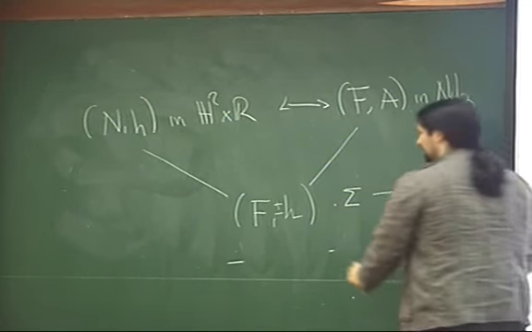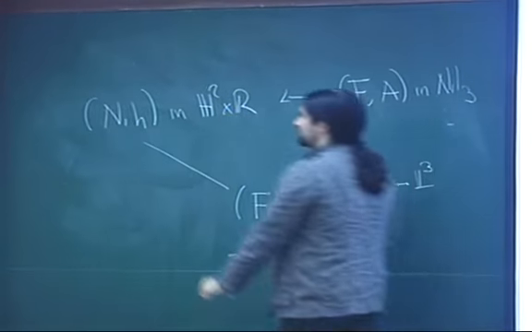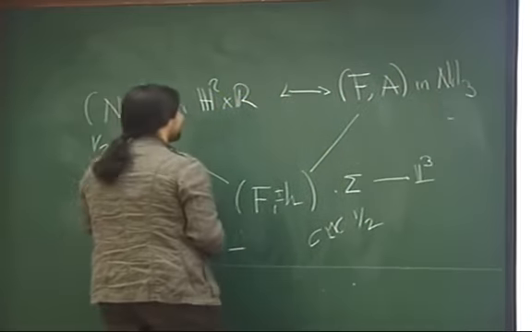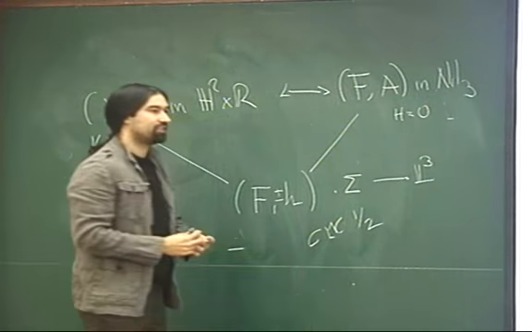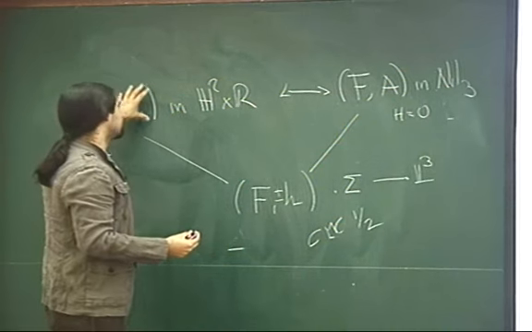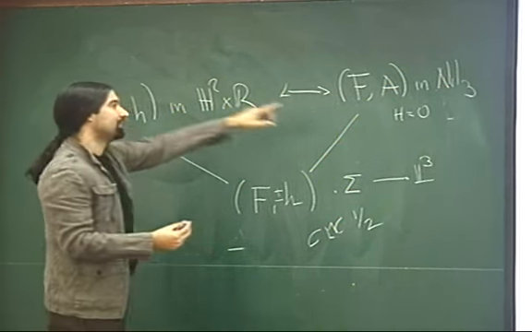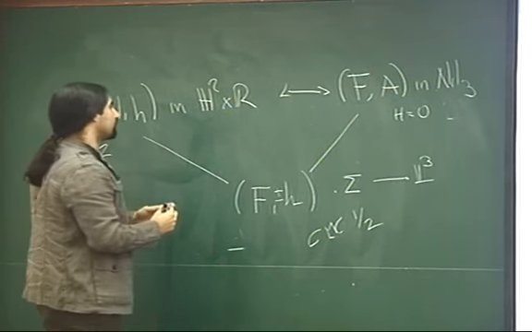Then it turns out that this has constant mean curvature 1/2, if this is minimal. This is surprising, because you have two related theories: minimal in Heisenberg, H equal to 1/2 in H² × R.